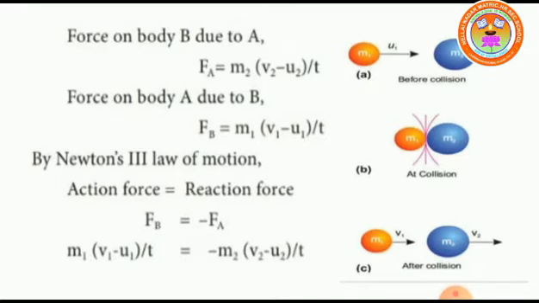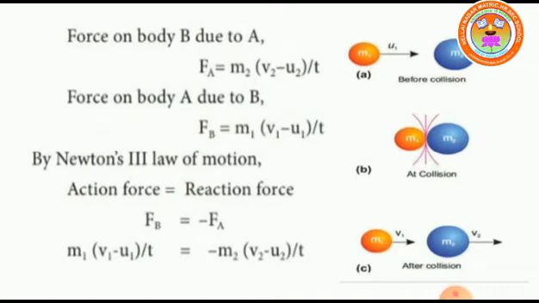Now, applying Newton's third law, already we know the formula: action is equal to reaction. So Fb is equal to minus Fa. The minus sign indicates opposite directions.